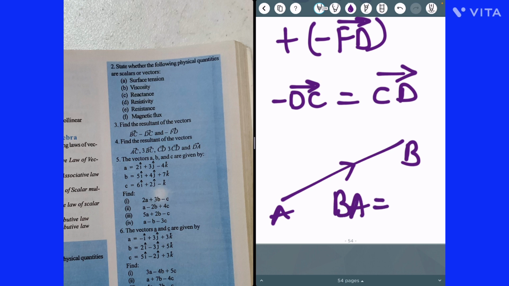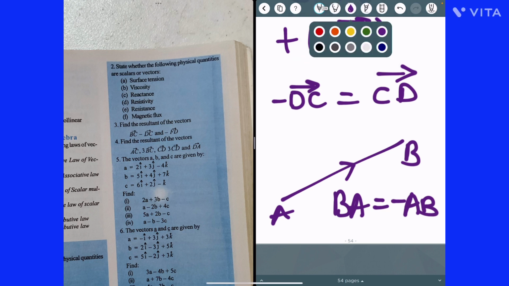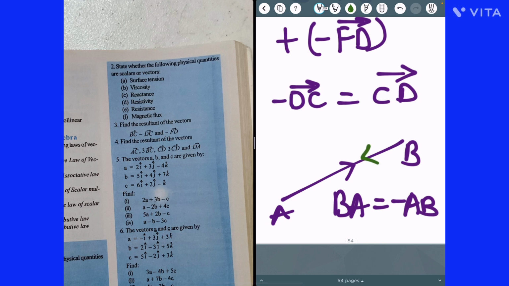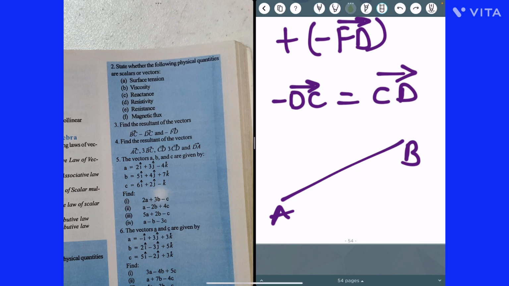BA is the same thing as minus AB, because BA is pointing in the direction opposite AB. BA is the negative of AB. So minus AB is the same thing as BA. In the same way, minus DC is the same thing as CD. So take note of that.